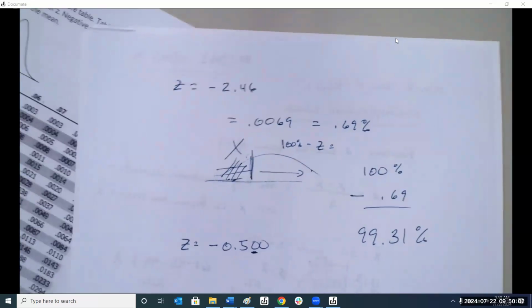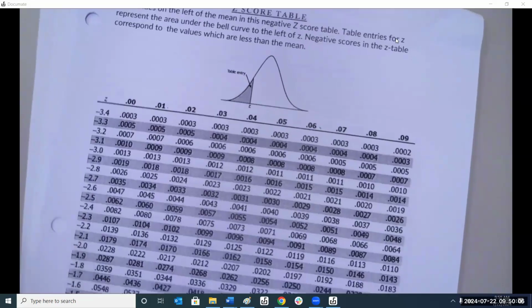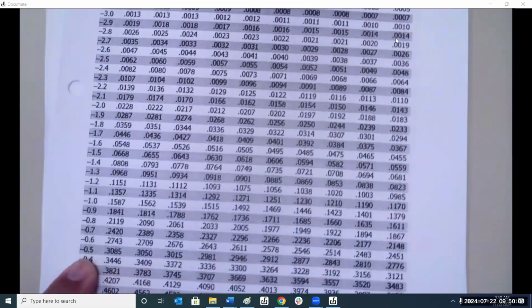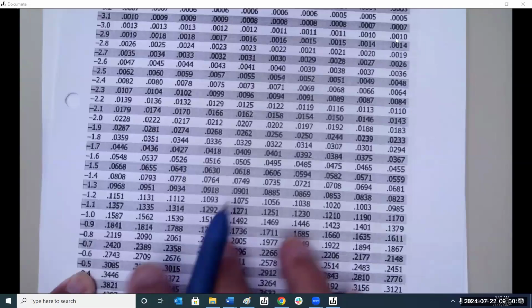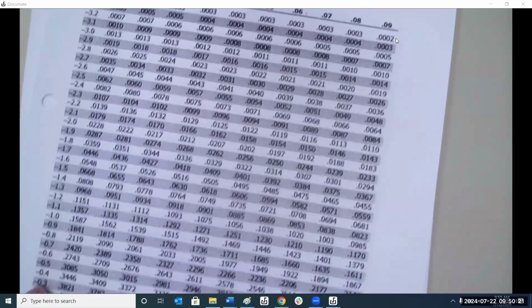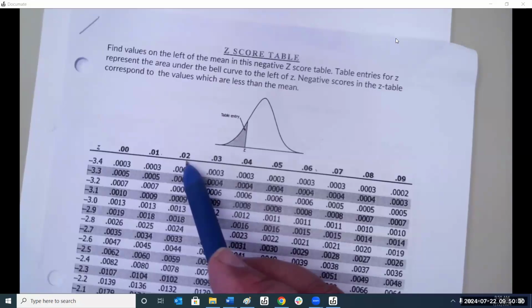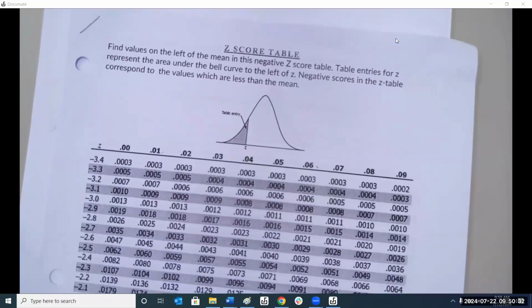And in this one, minus 2.4, we went all the way to 0.6. These numbers on the top row give us the second decimal location. This one is a 0, this one's a 1. So at negative 0.5, 0, then negative 0.51, negative 0.52. So that's how that reads.